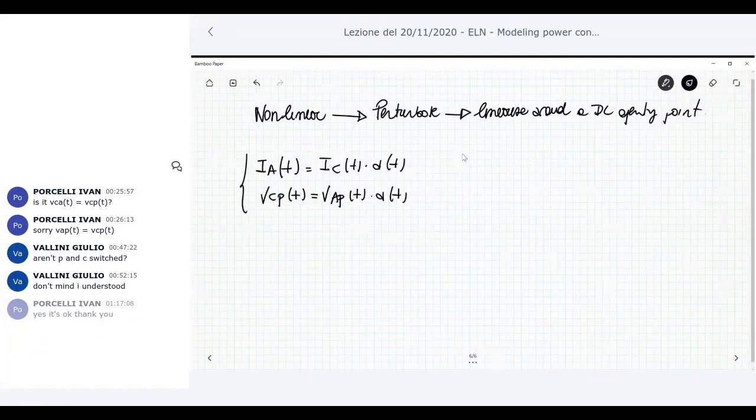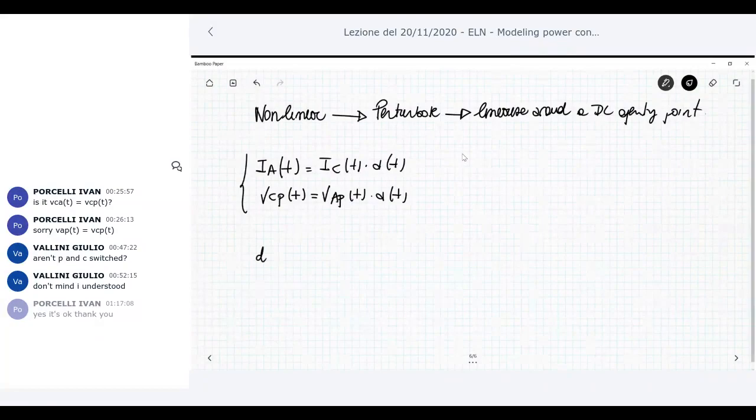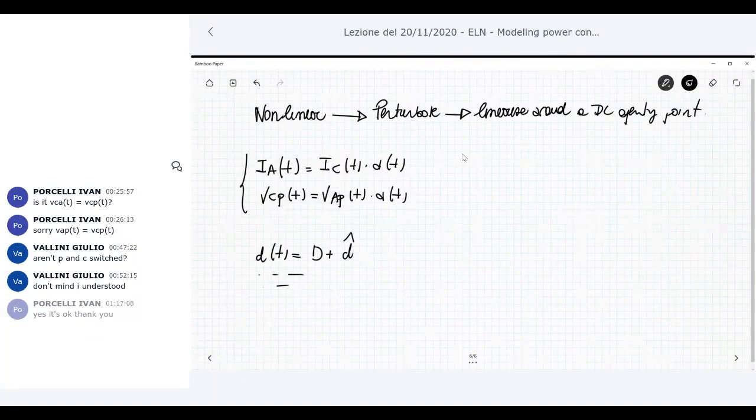So we have several variables, IA, IC, VAP, duty cycle, etc., that can be described in terms of their DC component plus a small signal AC variation. For example, the duty cycle d as a function of t has a DC component plus a variable component. This happens for all the other variables.